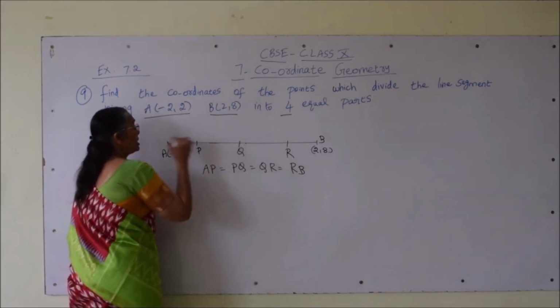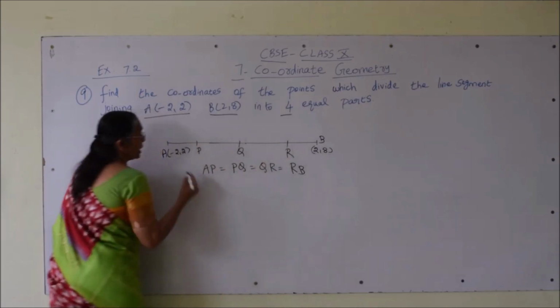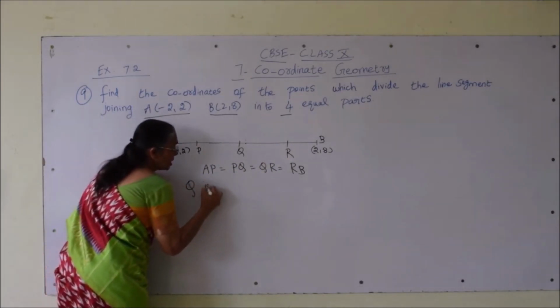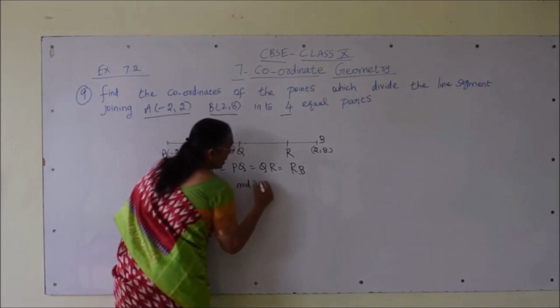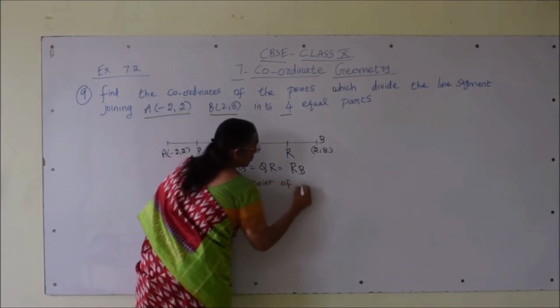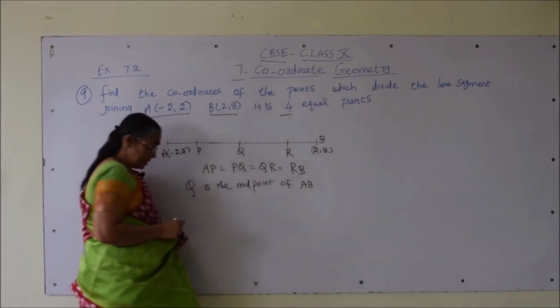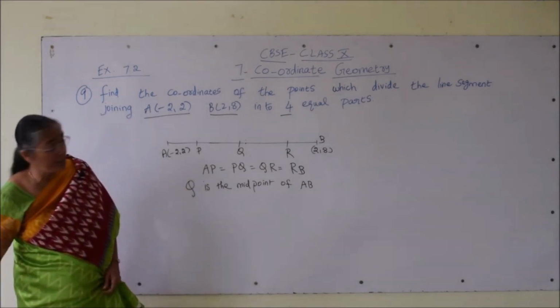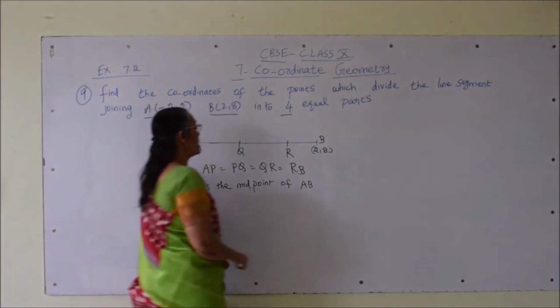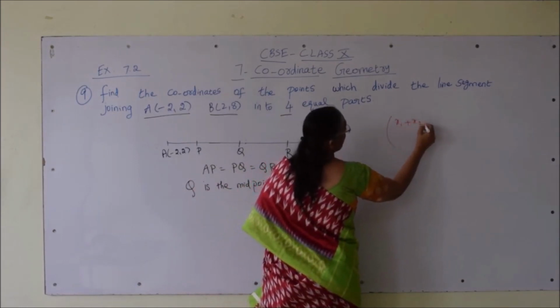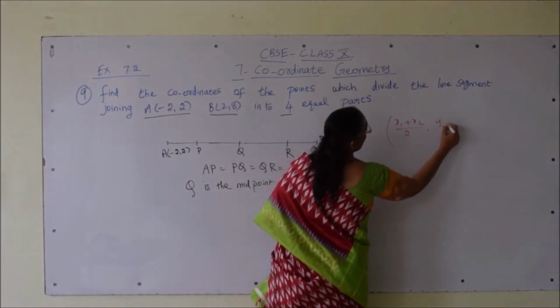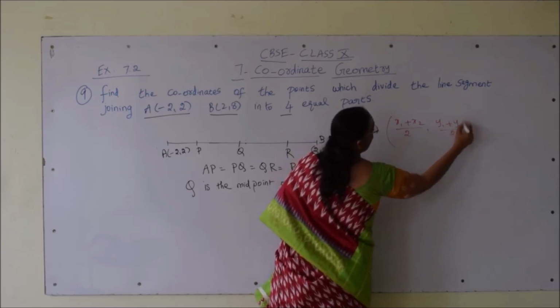First, Q is the midpoint of AB. So, A vertex is given which is x1, y1, x2, y2 and B is also given. Then midpoint formula is x1 plus x2 by 2 comma y1 plus y2 by 2.